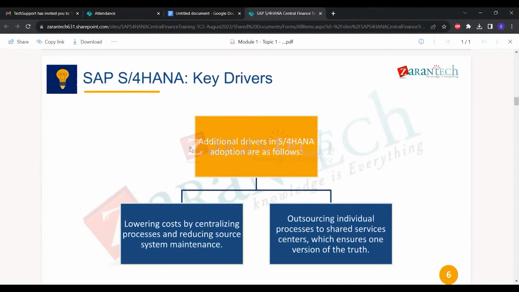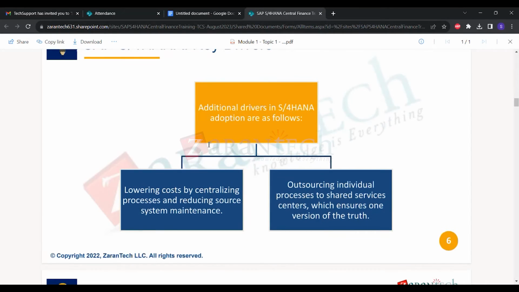Coming to what the business benefits will be if the business adopts Central Finance. One is that you will be centralizing processes across systems. If you want process improvement, or to have central payment activated, let's say, currently the business is operating in chunks.